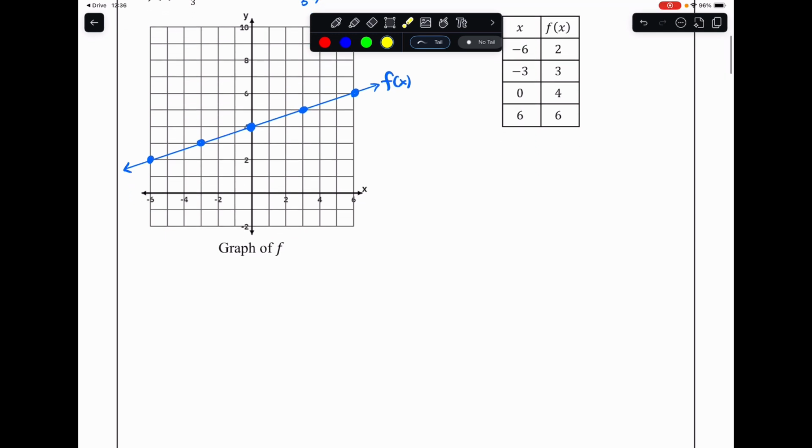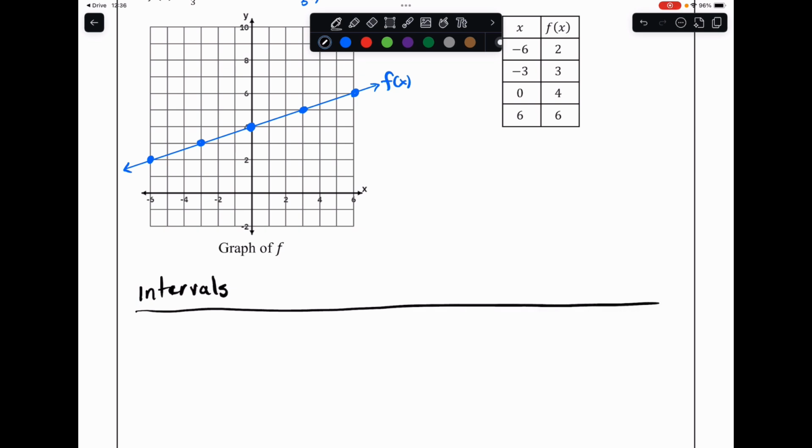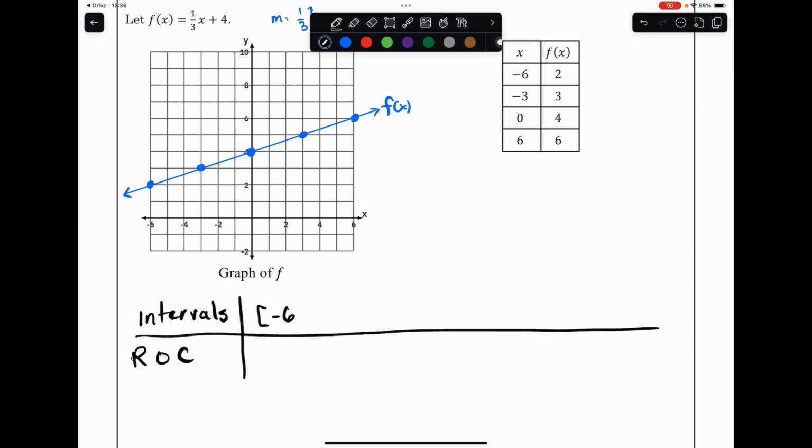Okay, so let's make ourselves a table where we're going to split this up into intervals. And we're going to identify our rate of change within those intervals. So we're going to look from -6, and I'm going to use the table to determine what intervals I'm going to use.